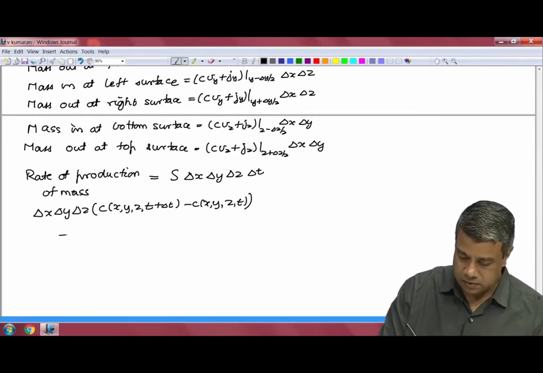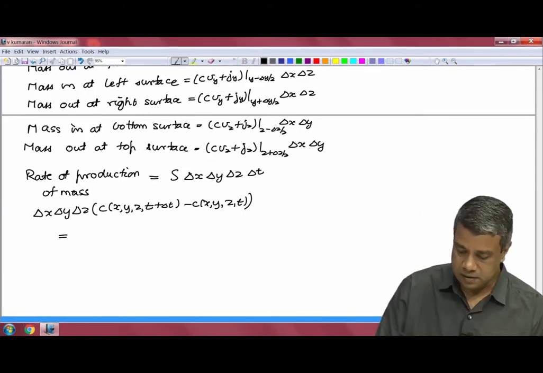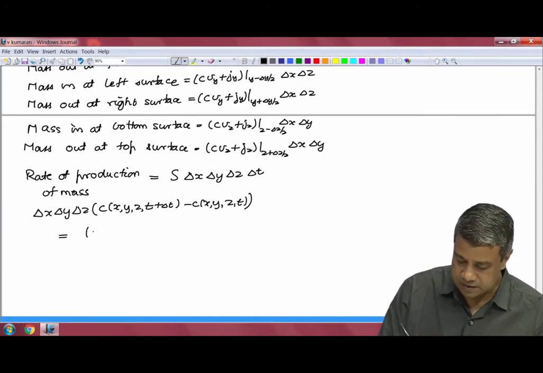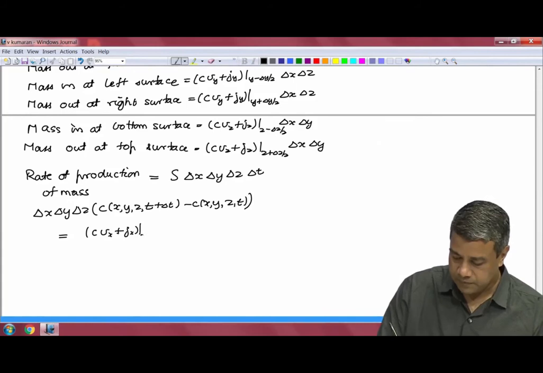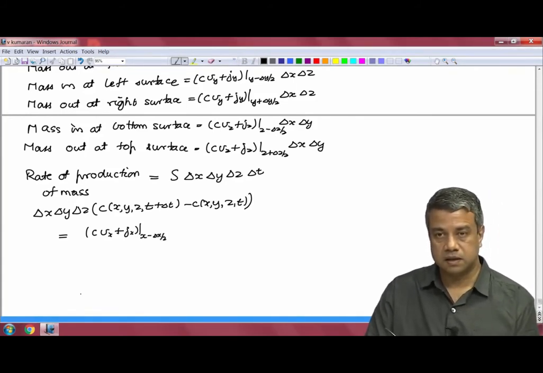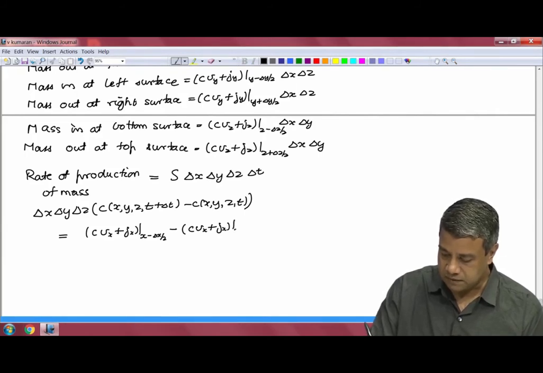That is equal to net flux at the front and rear faces. Flux coming in on the rear face is C Vx plus Jx at x minus delta x by 2, minus C Vx plus Jx, that is what is leaving at the front face.